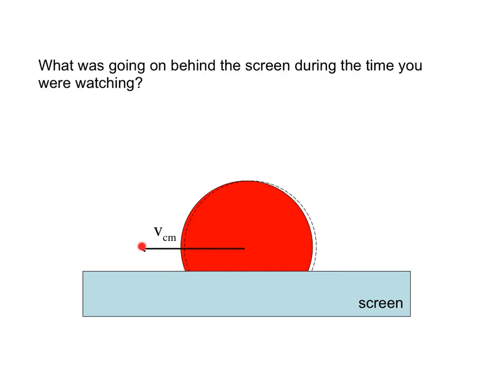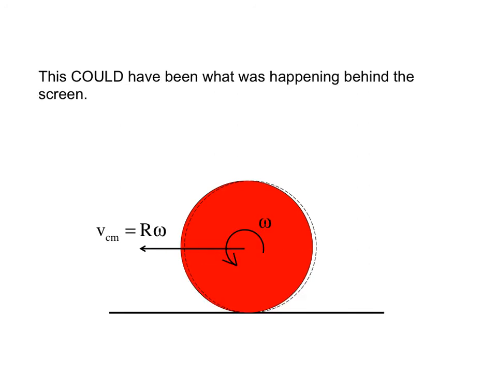And there's a good chance that you would have concluded that behind the screen what was really happening was a ball that was just rolling on some kind of desk-like surface. And if that had been the case, you would have known that the center of mass's velocity would have equaled the radius times the angular velocity of the object about the center of mass, because that's what we've derived, and you'd be good with that.